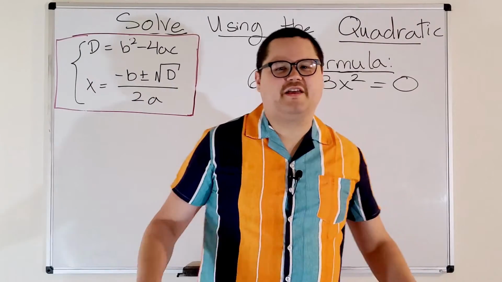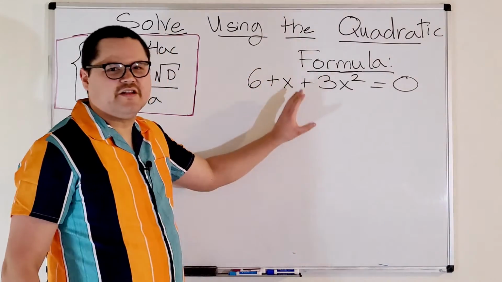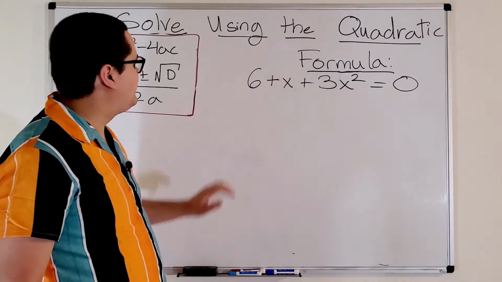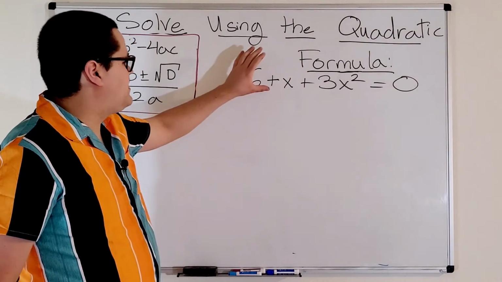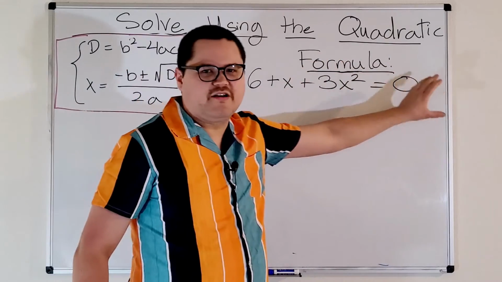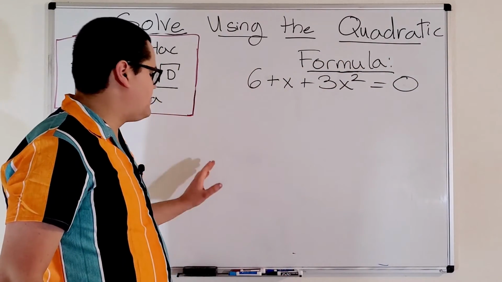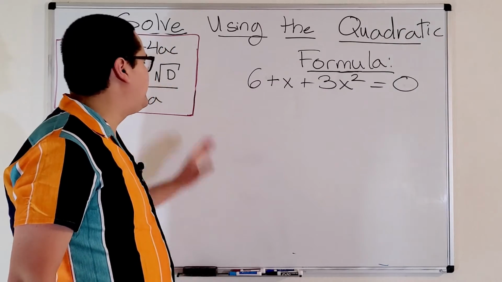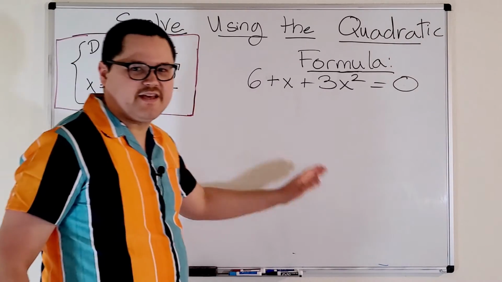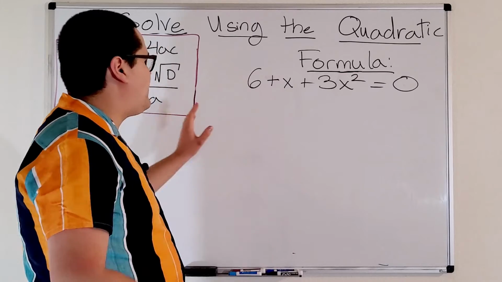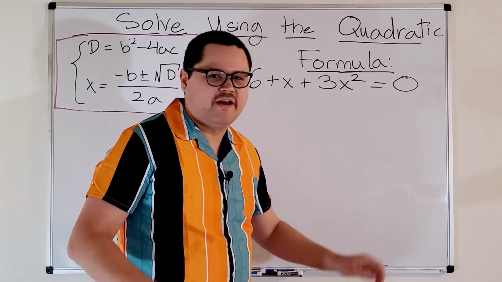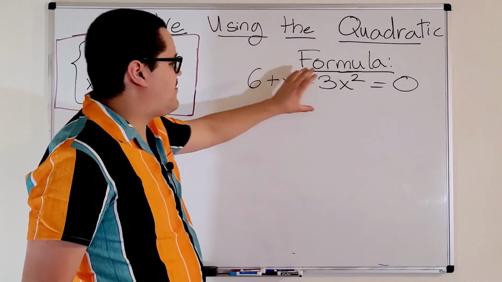Let's solve yet another quadratic equation using the quadratic formula. So here we have 6 plus x plus 3x squared equals 0. Now the first step in using the quadratic formula is identifying a, b, and c. But we need to write this in the standard order in terms of descending powers of x.